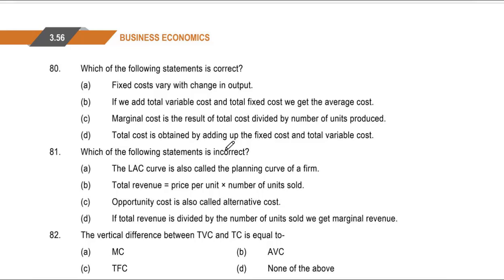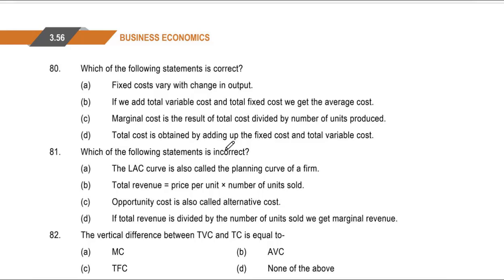Let's move ahead. 80. Which of the following statements are correct? A. Fixed cost varies with change in output. B. If we add total variable cost and total fixed cost, we'll get the average cost. C. Marginal cost is the result of total cost divided by number of units produced.